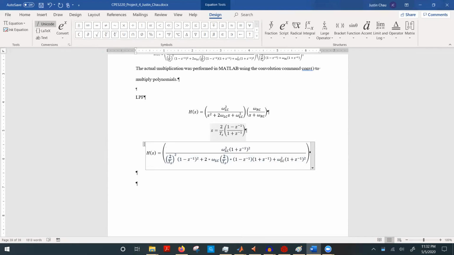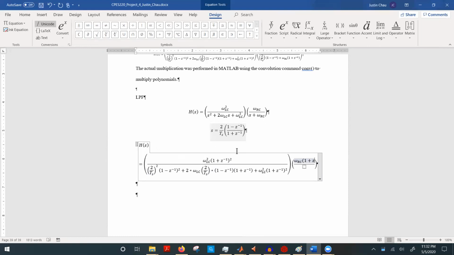That's for this section. And then for this bottom section, this one's going to be relatively short. I just take omega RC, this is going to be the denominator, 1 plus z raised to the -1.